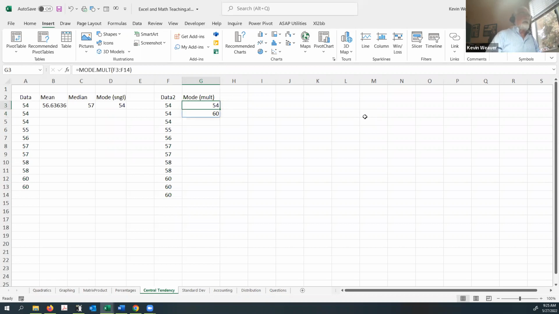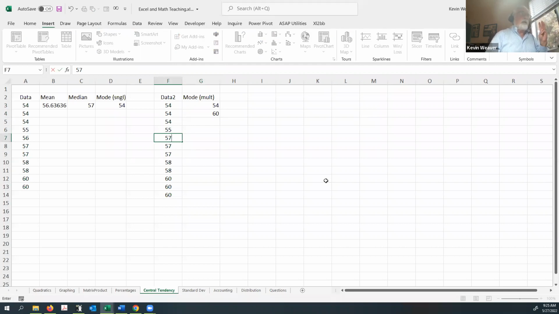The formula is in G3, and it just spills over into the next cell in G4 and calculates it. And you can see it's dynamic, that if I change this 56 to a 57, there are now 3 of them that occur 3 times, and it immediately calculates all 3 of the modes, the 54, the 57, and the 60.